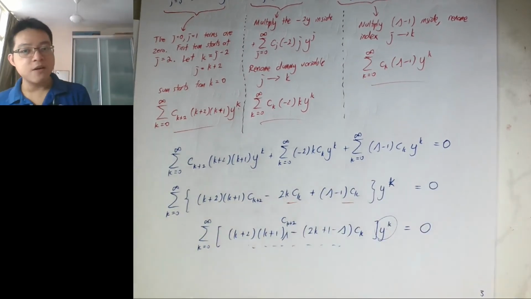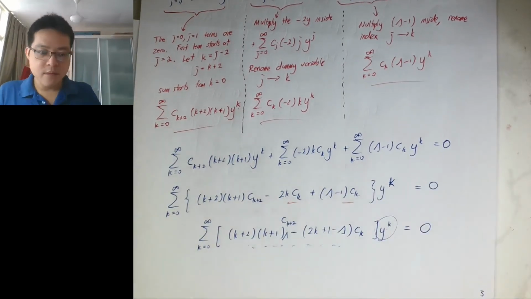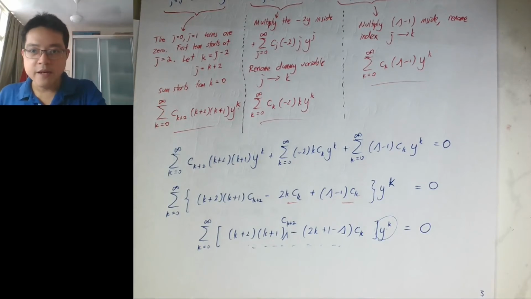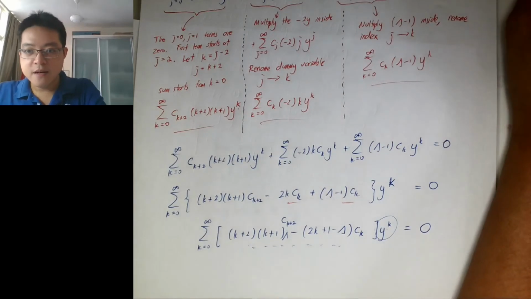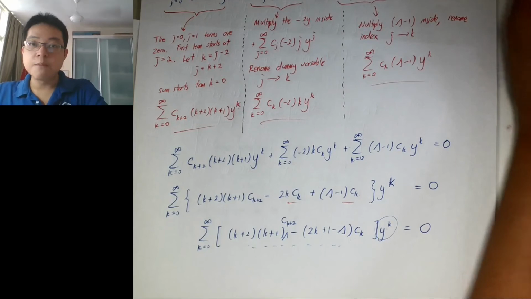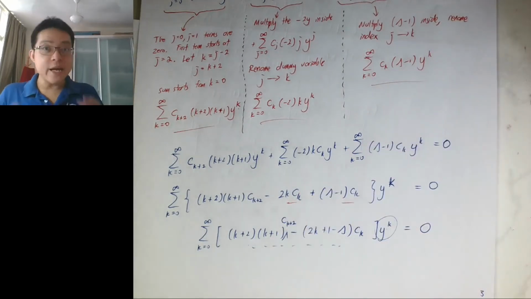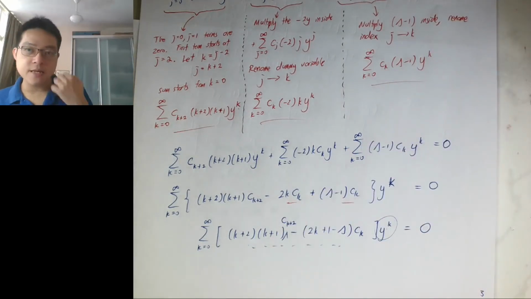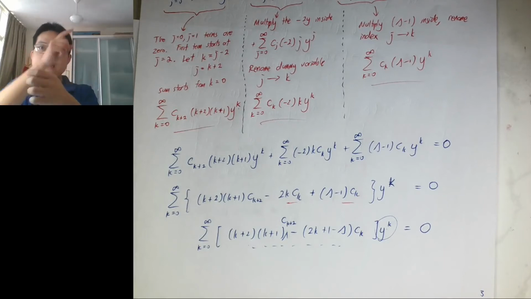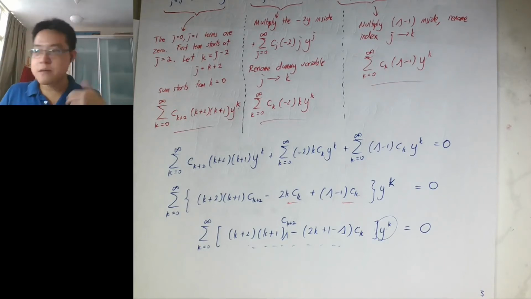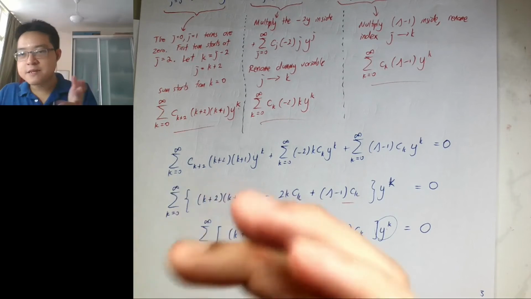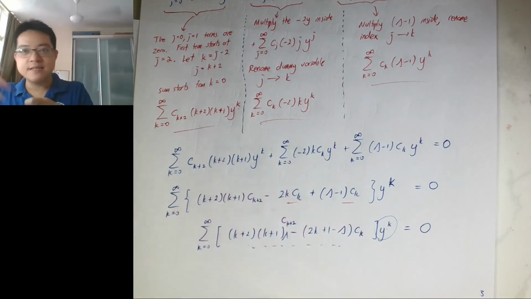Why can't y be 0? I think that was Chiri's comment, right? If y is 0, yeah, correct. y cannot be 0 because y is the variable of our harmonic oscillator, right? Our harmonic oscillator is about half kx squared, and we want to know what is the force experienced by the particle at this x, at this other x.